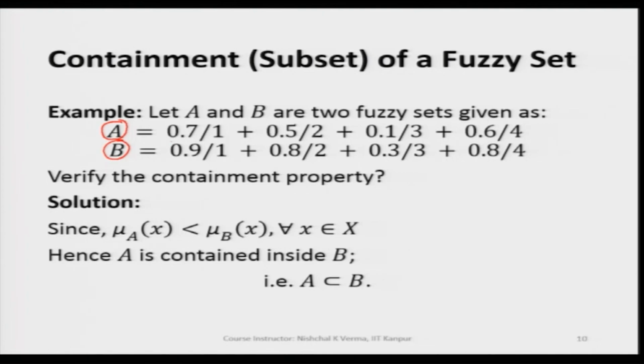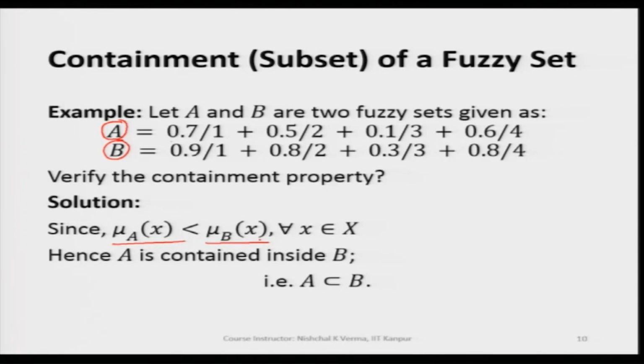So, if we see clearly, the membership values of A fuzzy set are lesser than that of B for respective generic variable values. That is how we can say mu A x is less than mu B x.